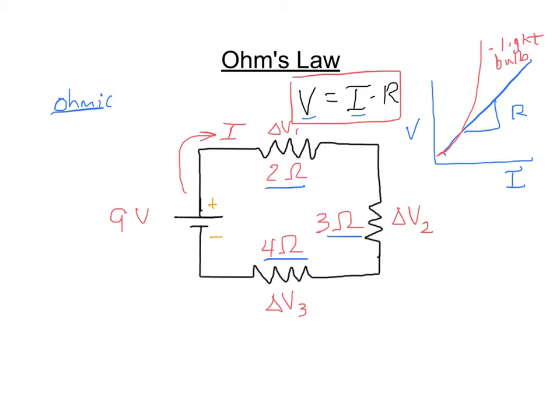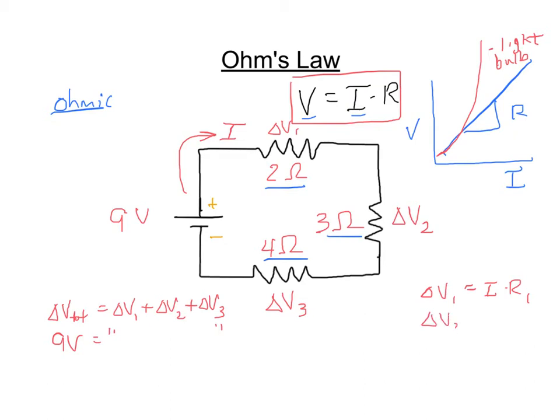So the delta V total, the total change, is the sum of those 3, and that's going to be equal to the 9 volts. I know that the change in voltage across resistor 1, using Ohm's law, is equal to the current that passes through there times R1.